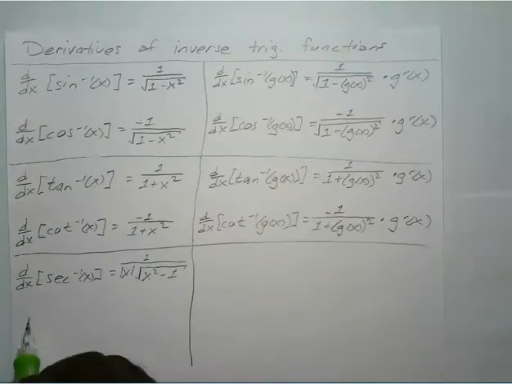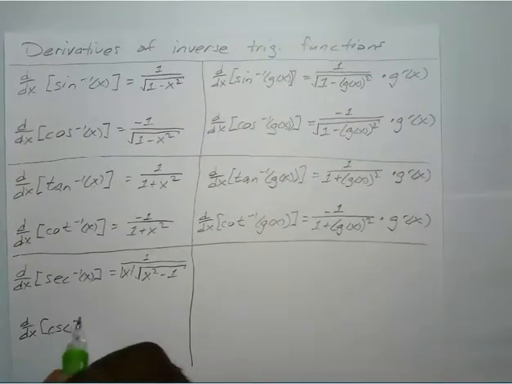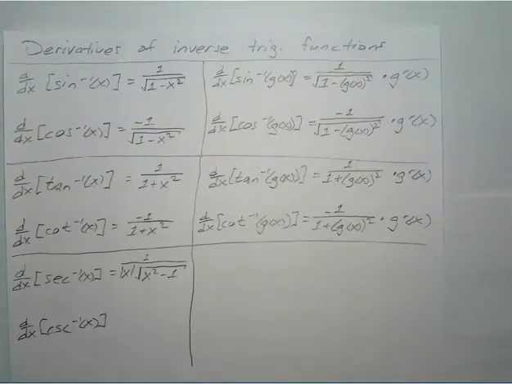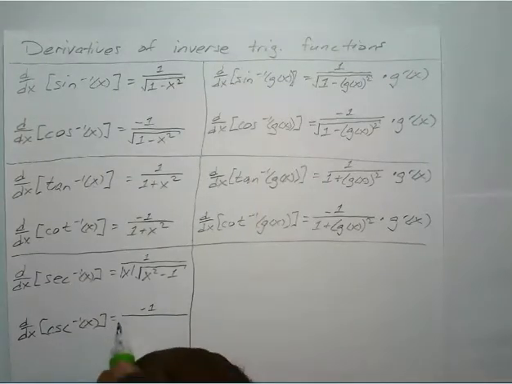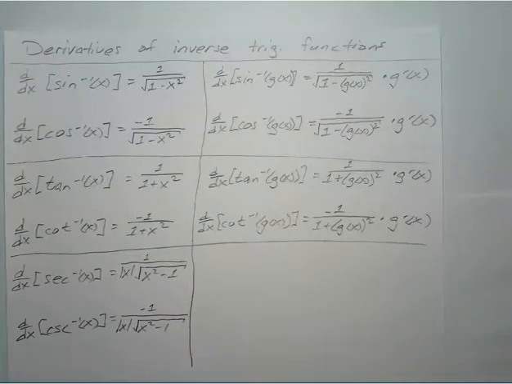Okay, so what about the derivative of cosecant inverse of x? You guessed it, negative 1 over the absolute value of x times the square root of x squared minus 1.